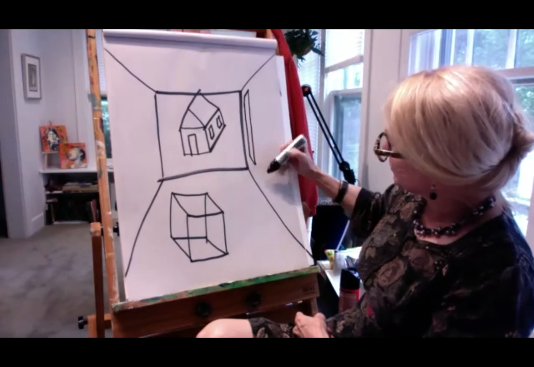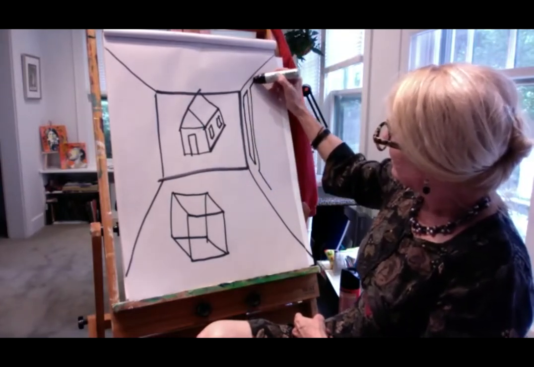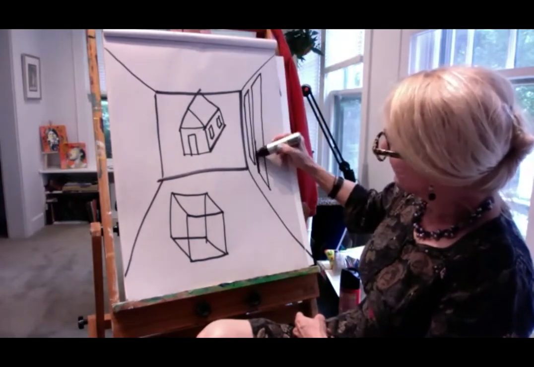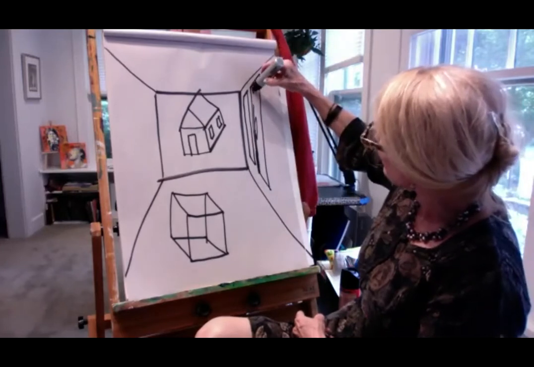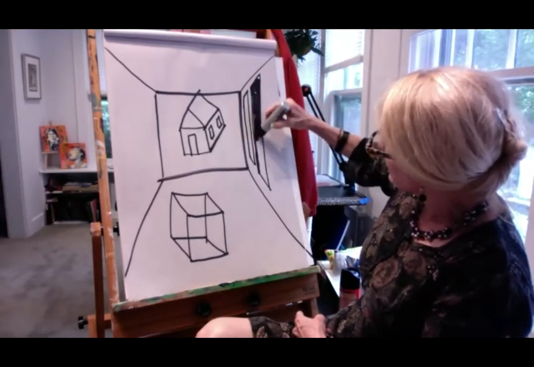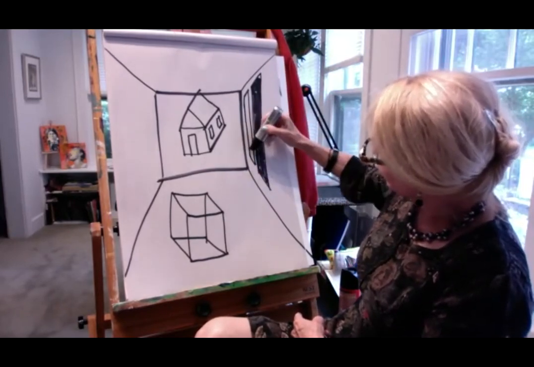The windows that are getting closer to me are wider. If I fill it in, maybe it'll give you an idea of what I'm talking about. Okay, it's going to be night outside these windows to show you what I mean.